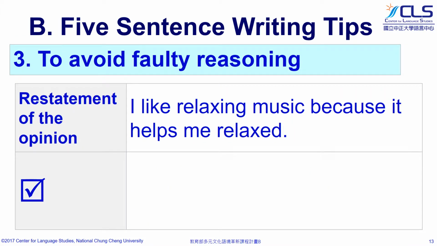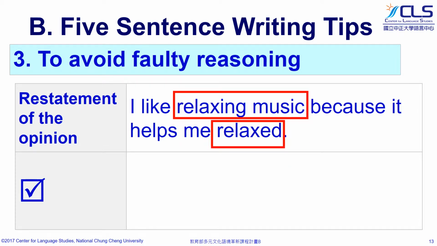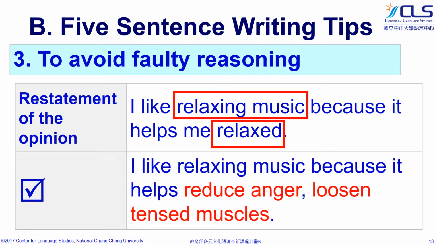Let me give a quick example of restatement of the opinion. Because it helps me relax, given in the sentence, only restates the opinion, helps me relax. To explain why I like relaxing music, we can add reduce anger, loosen tense muscles to show how relaxing music helps us, without restating the opinion.